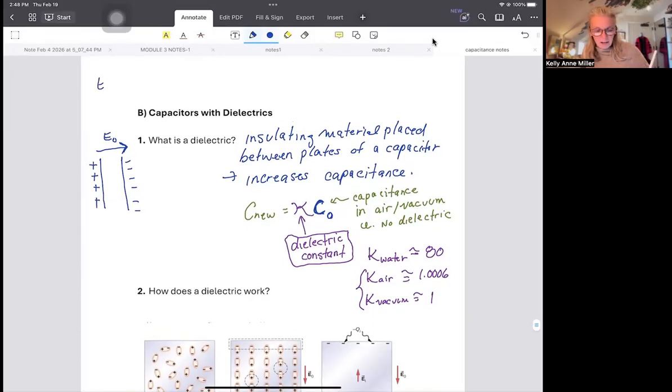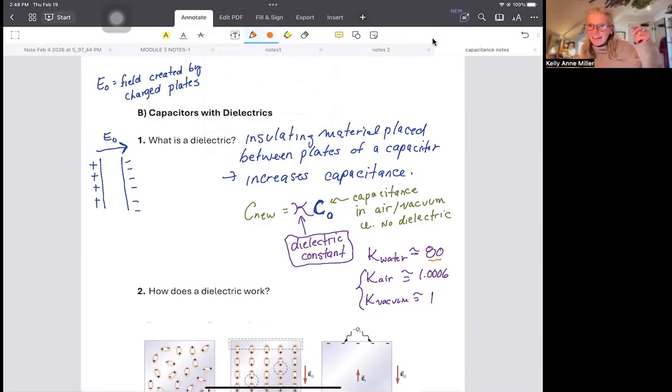Okay, so E naught is the field created by the charged plates. Okay, now I'm going to insert a dielectric. So some sort of insulator. It could be water, right? That has a very high dielectric constant.